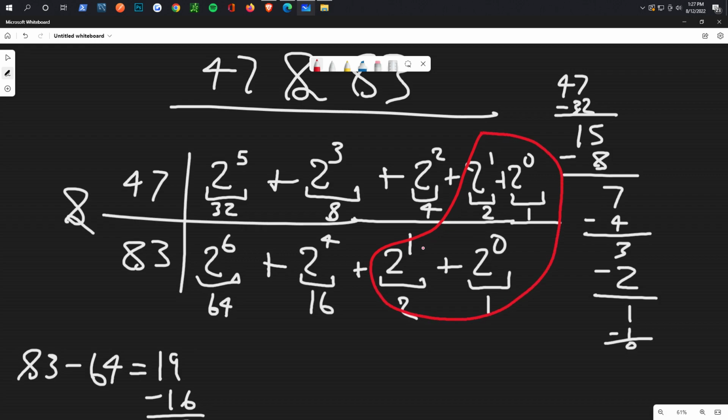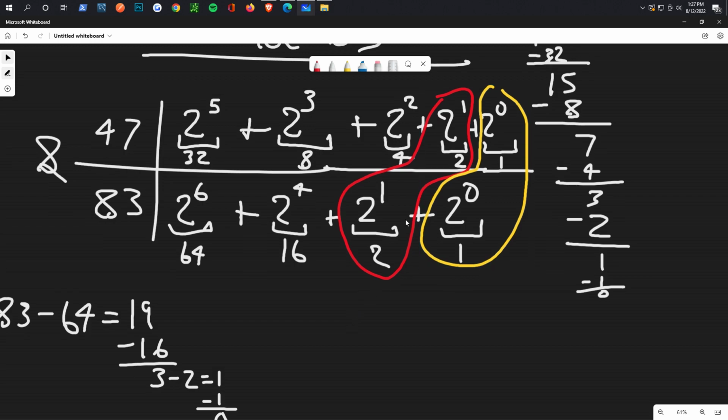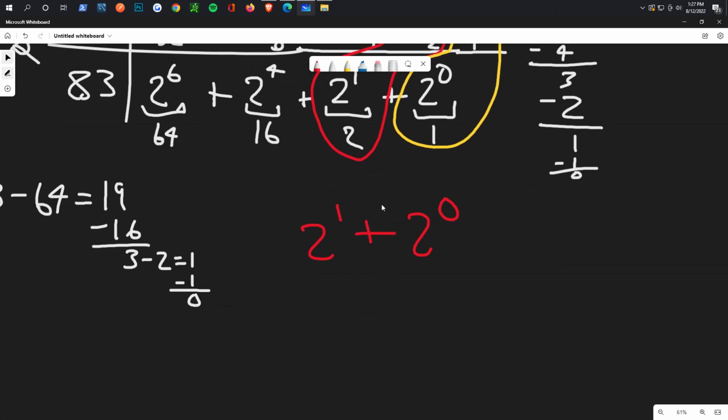Let me circle them separately. So we have these two. Now what we can do is take one of these two and just add them. So 2 to the 1 plus 2 to the 0, which just ends up being 2 plus 1, which equals 3. And this is our final answer.